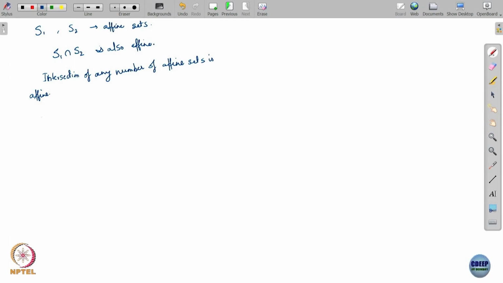Now if I give you some set C in Rn, and then I look at the following quantity, the intersection of all sets S such that S contains C and S is affine.